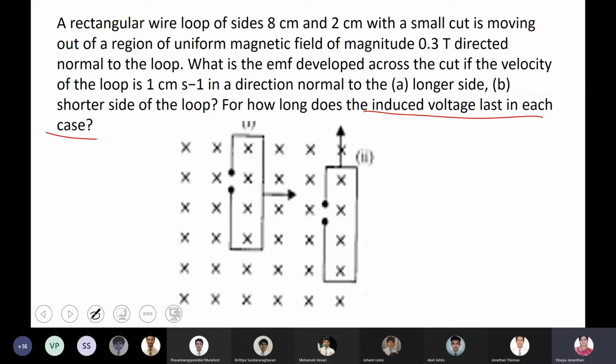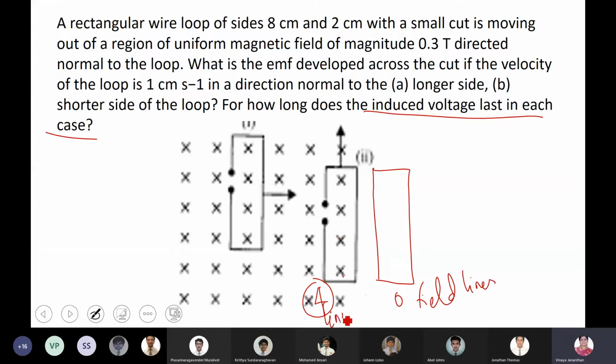Here, how many field lines are there? 4 field lines. When it is completely coming out, 0 field lines. When it is at the edge of the magnetic field, the number of field lines is 4. When it is coming out of the field, the number of field lines passing through the loop is 0. So how long is the flux decreasing from 4 to 0?